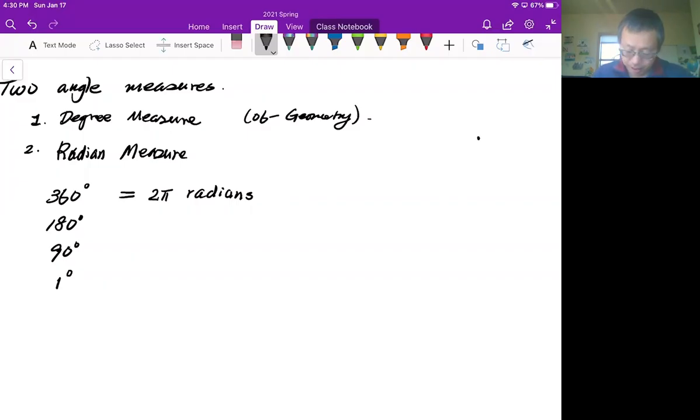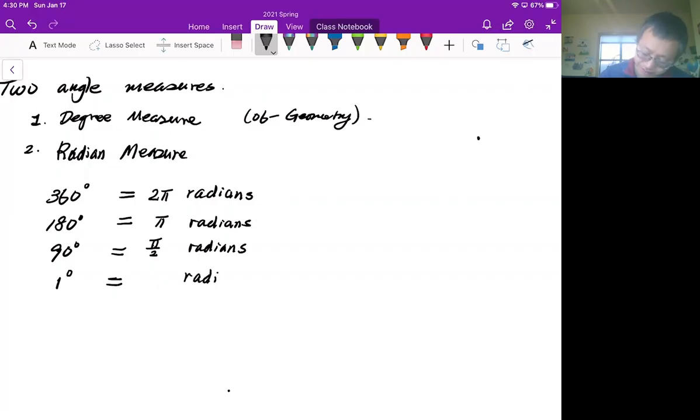Because of that, if you divide this by 2, you get pi radians. So pi radians is just 180 degrees, and 90 degrees means pi over 2 radians. And then if I want 1 degree, let's say 1 degree equals how many radians?